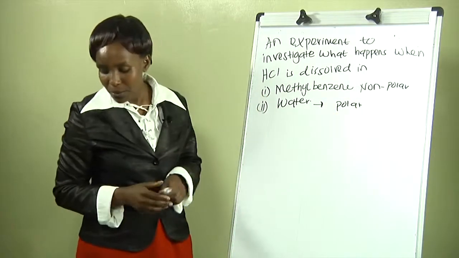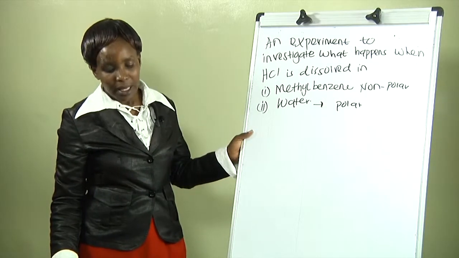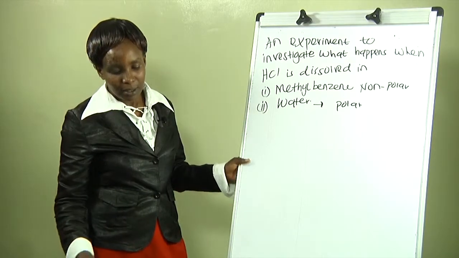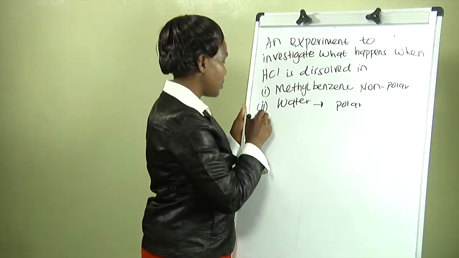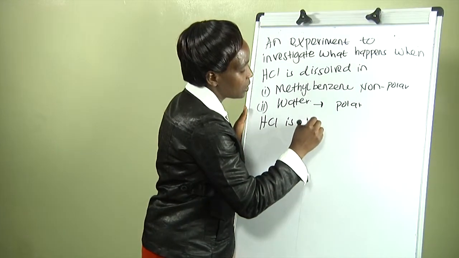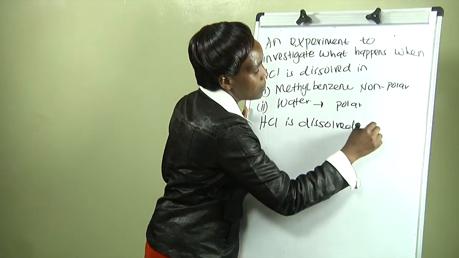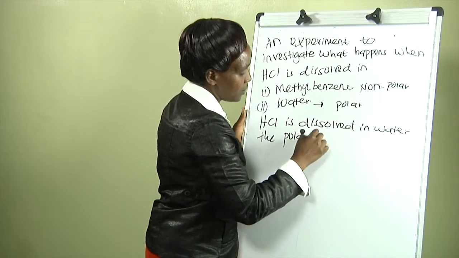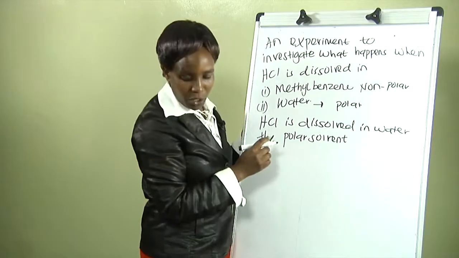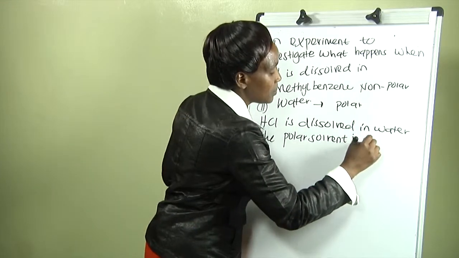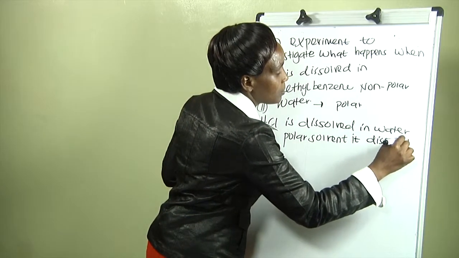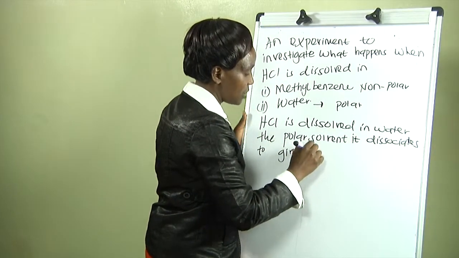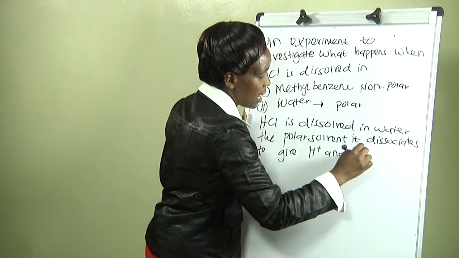So I start with the one which is polar, that is water. We would say that water is a polar solvent, and when HCl is dissolved in water, the polar solvent, it dissociates to give the following ions: the hydrogen ions and the chloride ions.